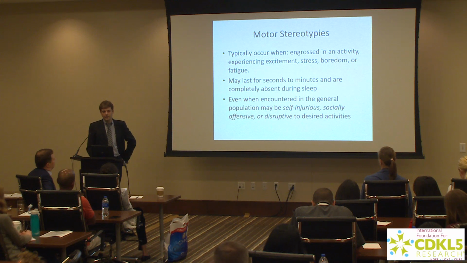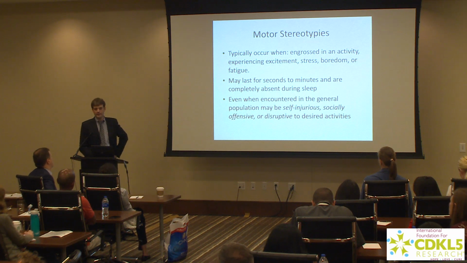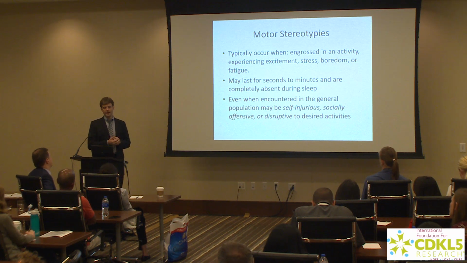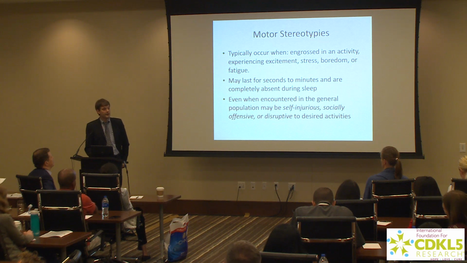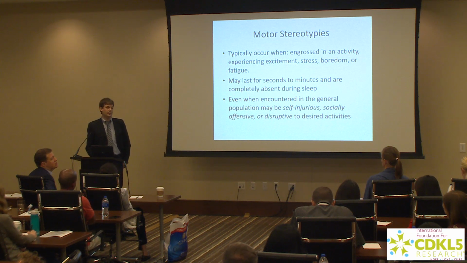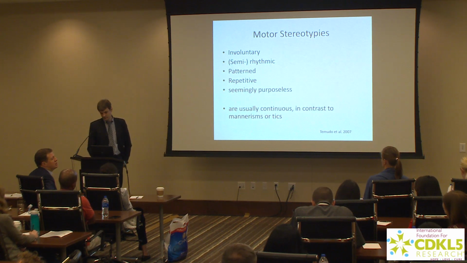Certainly, I see countless cases in Rett syndrome where the repetitive hand-wringing leads to skin abrasions and callus formation on the hands and wrist, where you then have to counteract these motor stereotypies. The stereotypies in themselves do not appear to be harmful.